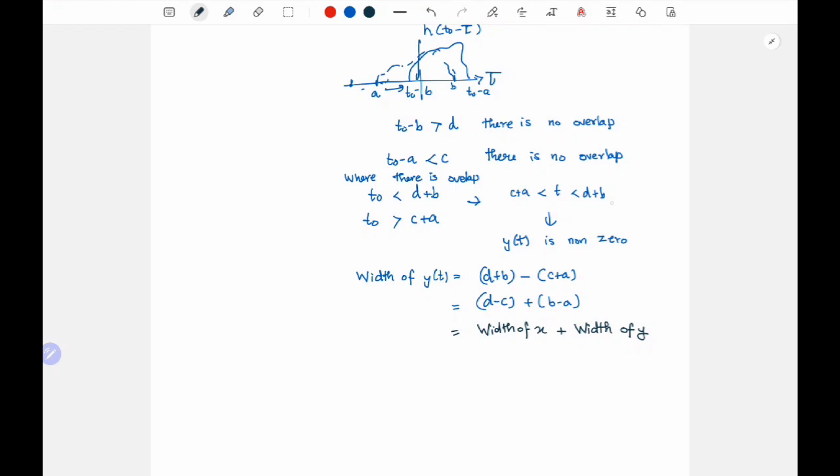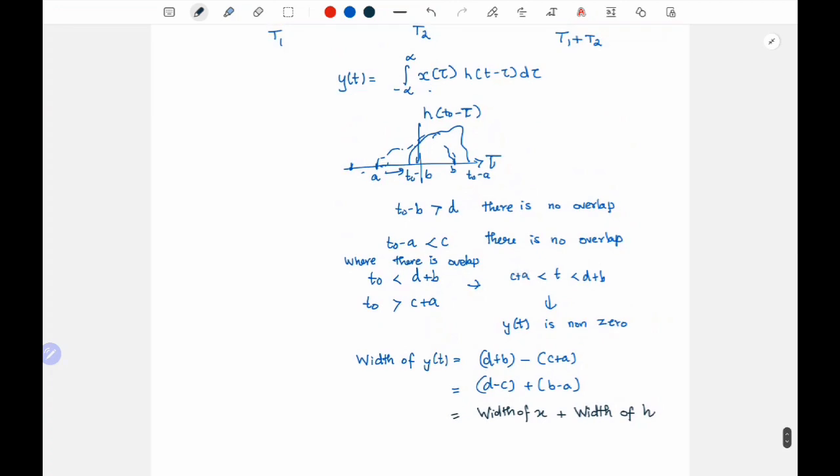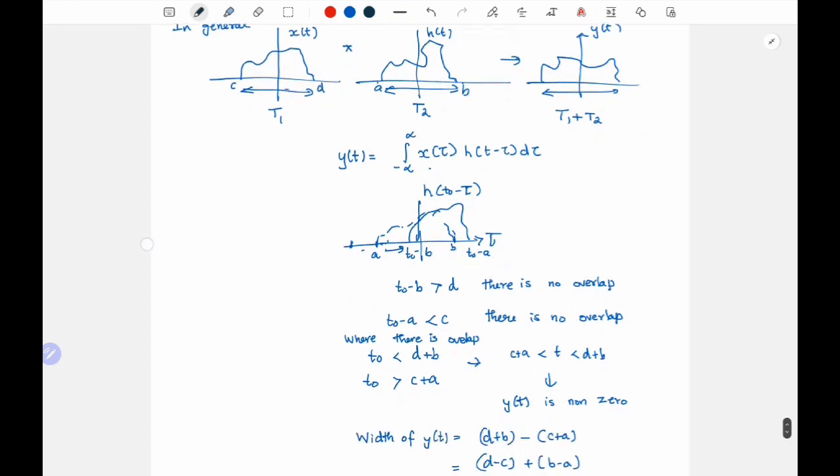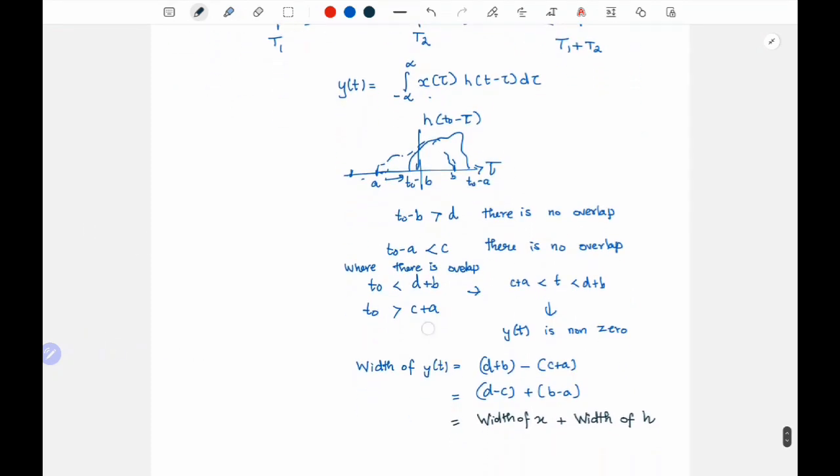Width is nothing but the upper time minus the lower time. And when we just rearrange the terms, we see that it is nothing but the width of x plus width of h. So this is always true for any signals x of t, h of t, right? This is a very good interpretation and will be helpful in many cases.